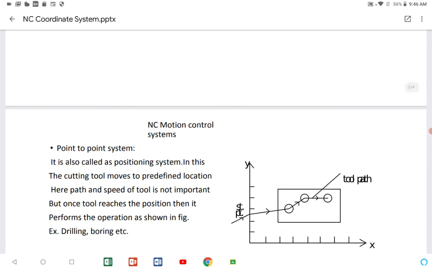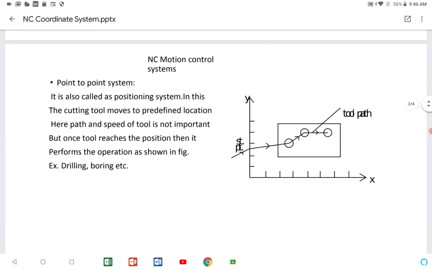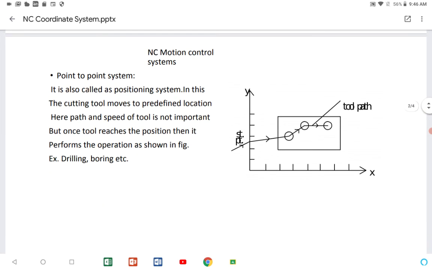This movement of the cutting tool is categorized into three types of system depending upon the type of application. As you can see here, the first one is the point to point system. Brief details are given here. This system is also called the positioning system. In the diagram you can see, to drill a number of holes, this system can be adopted.